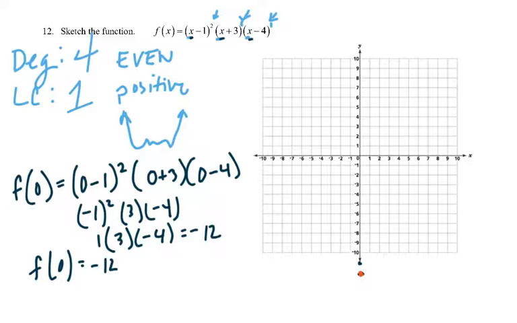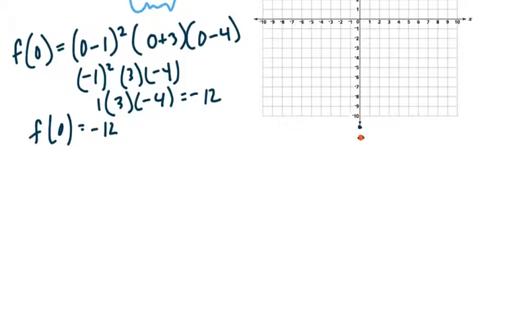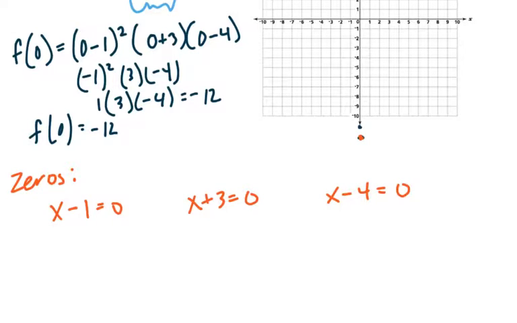Beautiful. Now we find the zeros of the function. So those are going to be our x-intercepts. So our zeros, we do that by taking each of the factors that we have and setting them equal to 0. So we're going to take x minus 1 equals 0, x plus 3 equals 0, and x minus 4 equals 0.